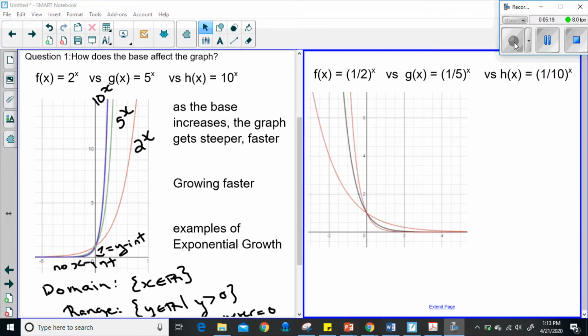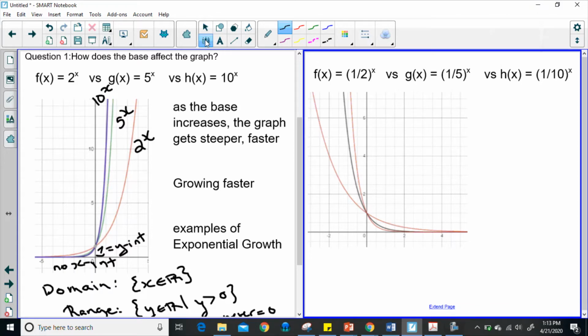Okay, so let's take a look here. I've got the two sets of graphs side by side so we can get a better look at it. And let's just remember that this first graph here, that was my 1/2 all to the x. The next one was the 1/5 all to the x. And this last one here, that was my 1/10 all to the x. So what's happening when I have a fraction base?